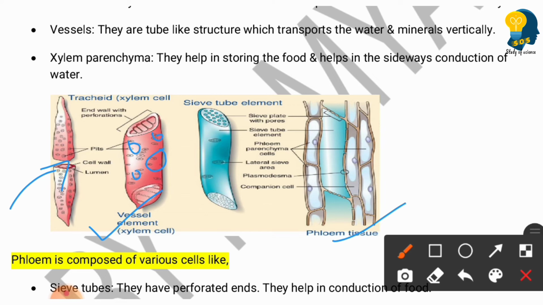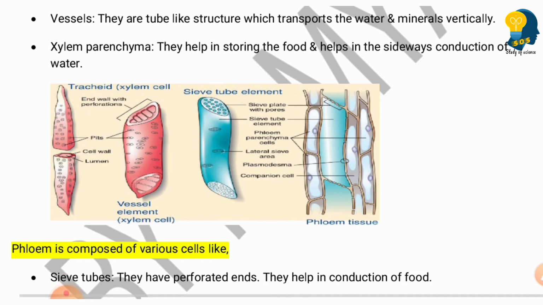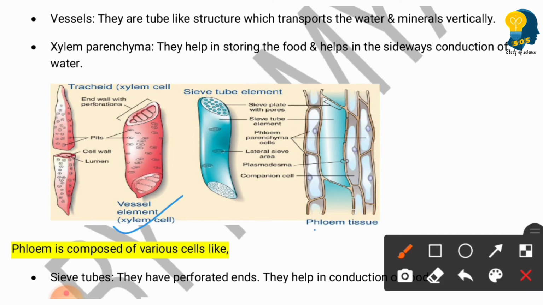The xylem is composed of various types of cells: the tracheids, vessels, as well as the xylem parenchyma. The walls of the xylem tissue have perforations, that means small holes. We call them pits.